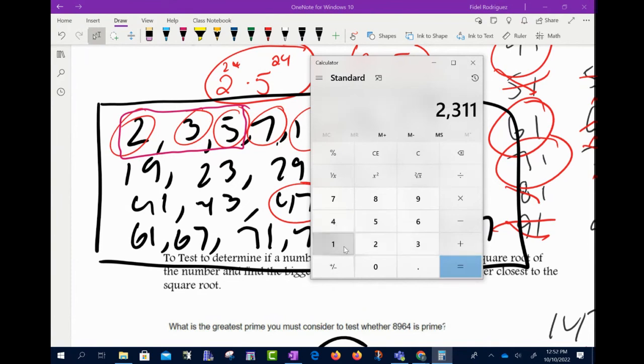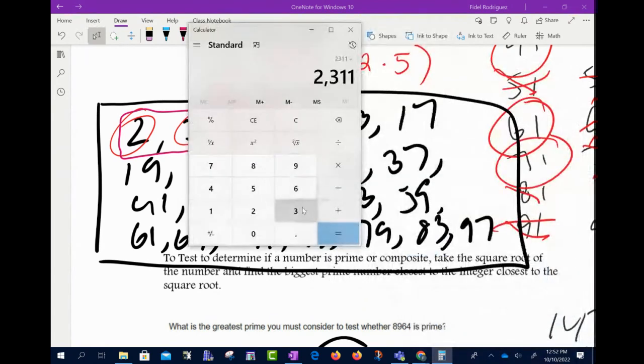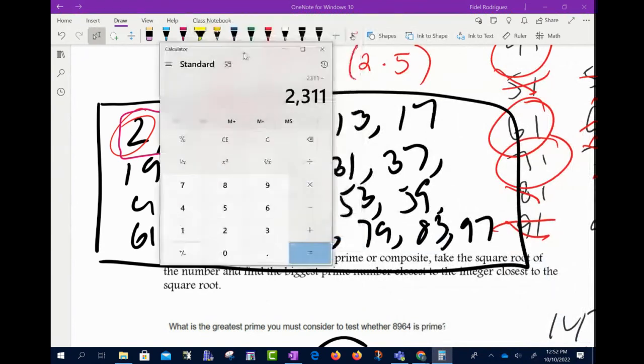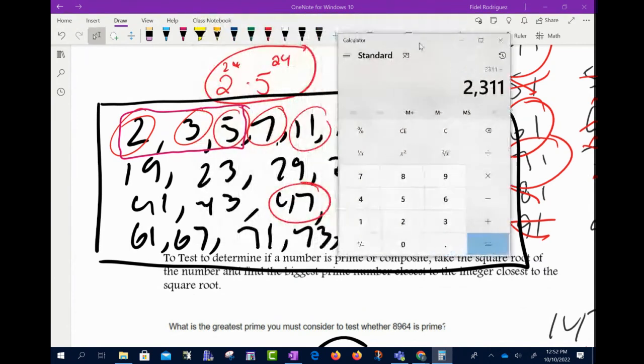Nope. 2311, let's divide it by 37. Nope. 2311, let's divide it by, what was it, 31 maybe? Yeah, 31. Nope. This might be one of those prime numbers, right? 29, I just want to check.